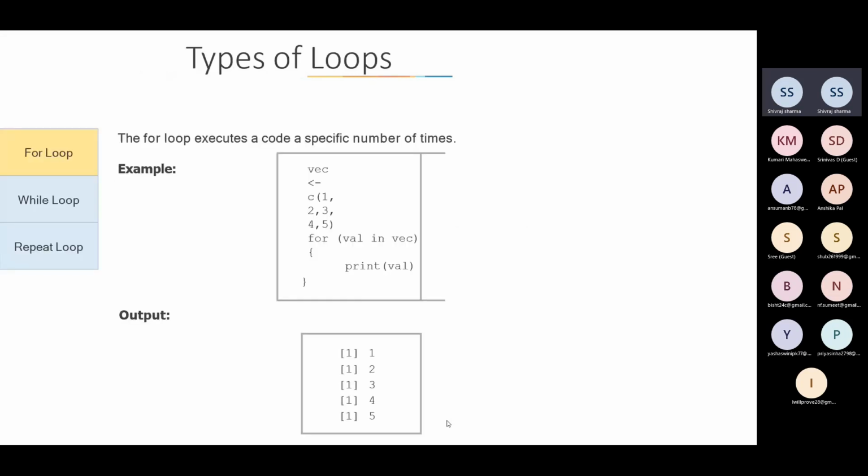So how many types of loops are in R language? The first one is for loop. The second one is while loop. The third one is repeat loop. For loop executes a code a specific number of times.